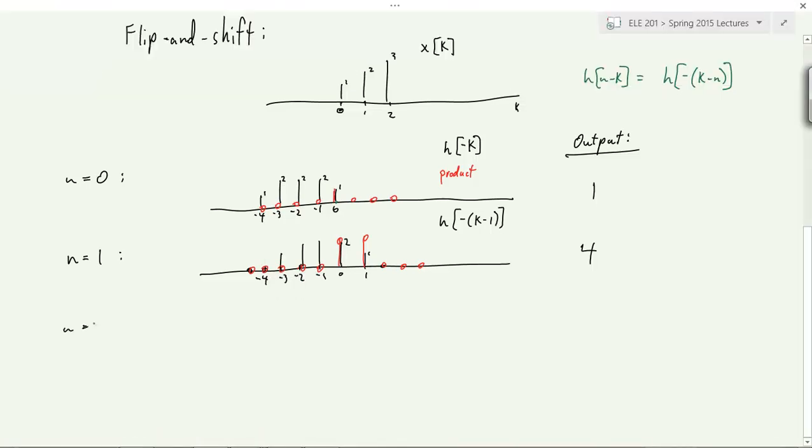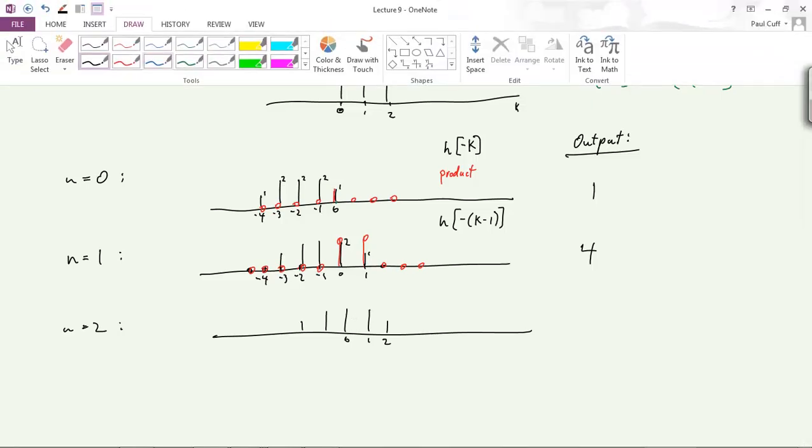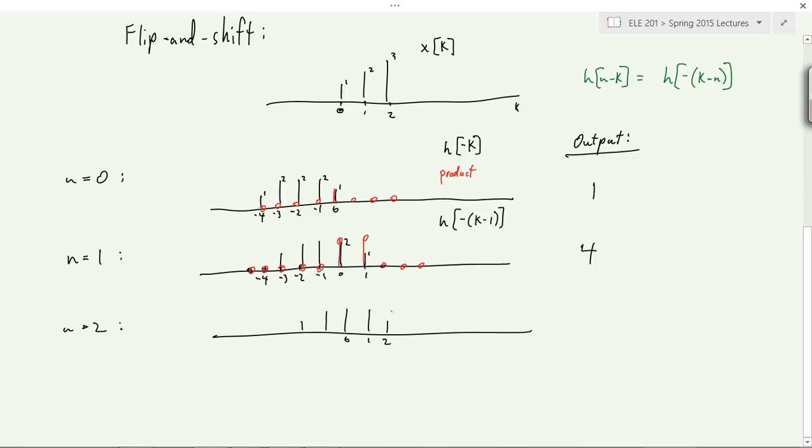Let's go ahead and do n equals 2. Of course, you can see that you're going to get a 1, 2, 2 overlap, and then this part doesn't overlap. So these first parts are the parts that overlap. The product is going to be 3 times 1, so that's 3, 2 times 2, 4, 1 times 2, that's 2, 0 everywhere else. Okay, so we get 9. All right.